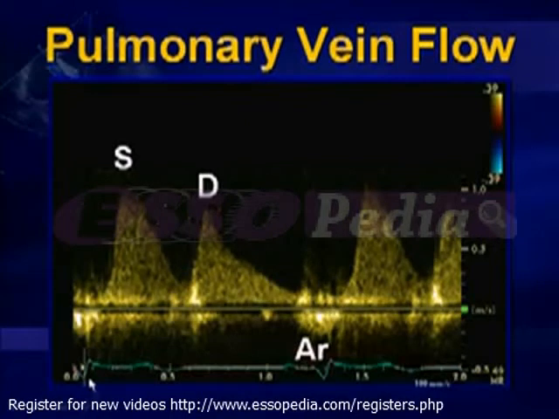The velocity profile is characterized by systolic and diastolic filling waves, along with an A wave reversal. To optimize this signal, we have the patients suspend respiration at end expiration, and be sure to have the wall filter settings low enough so as to display the onset and termination of the atrial reversal velocity waveform.